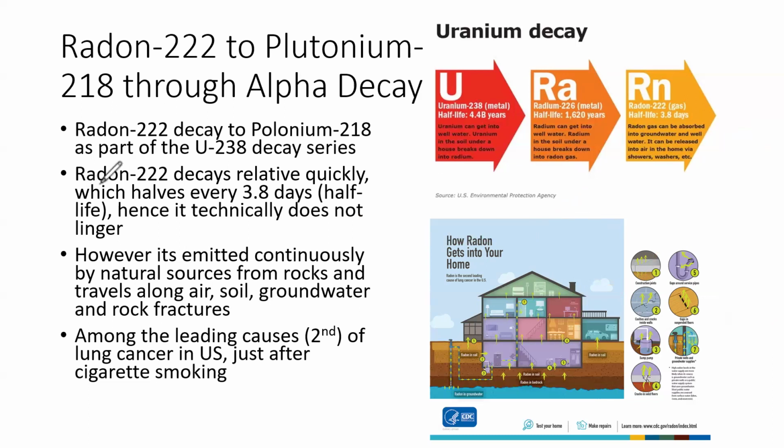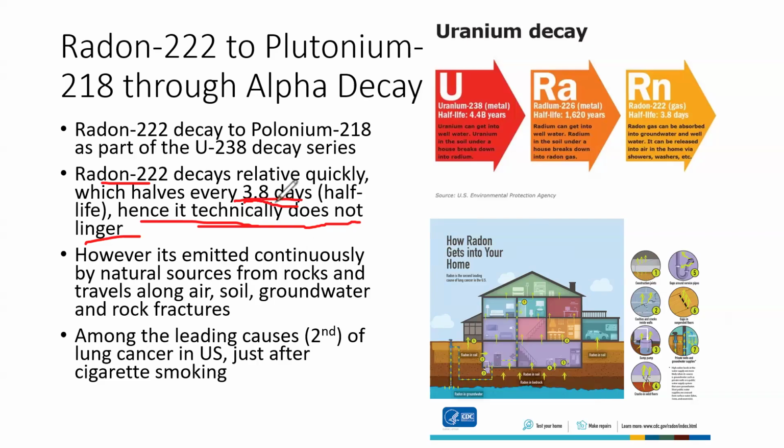Now, radon has a very short half-life of 3.8 days, so technically it does not linger for long. If you release some radon gas inside your house, it will not stay for more than a few days.